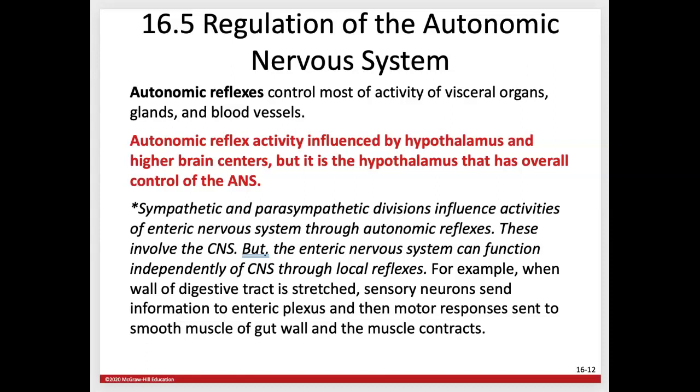Sensory neurons send information to the enteric plexus, and then motor responses are sent to the smooth muscle of the gut, basically to tell the muscles to contract. It's kind of like a negative feedback thing, if you think about it, where because there's something in your gut, it's going to cause the gut to do something.